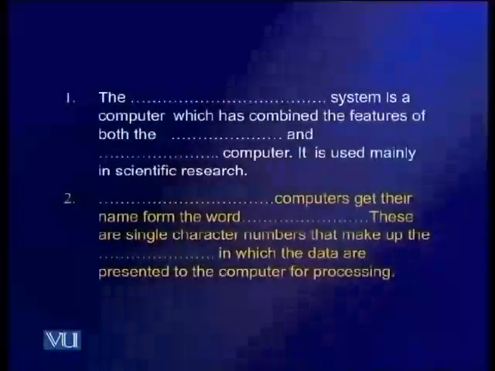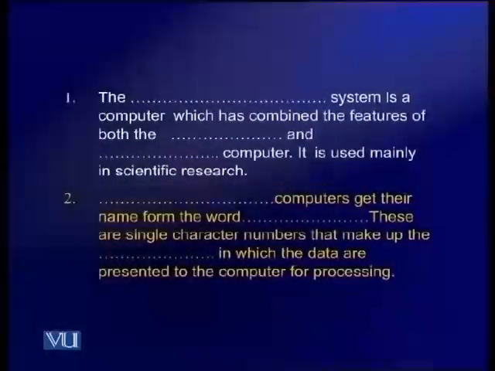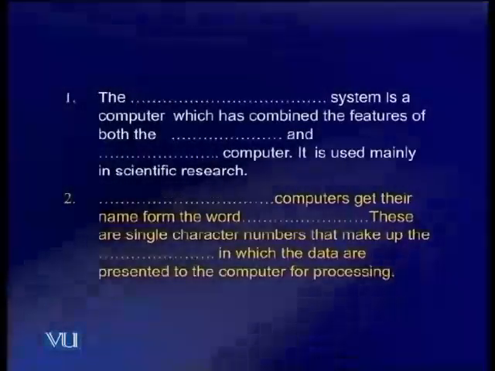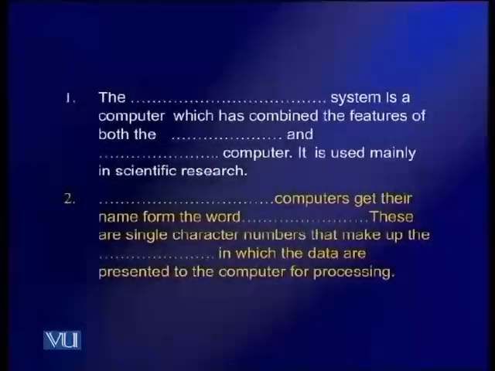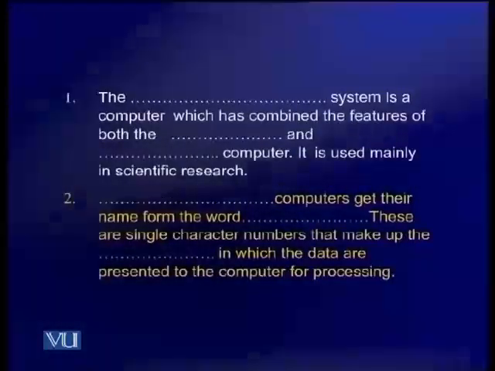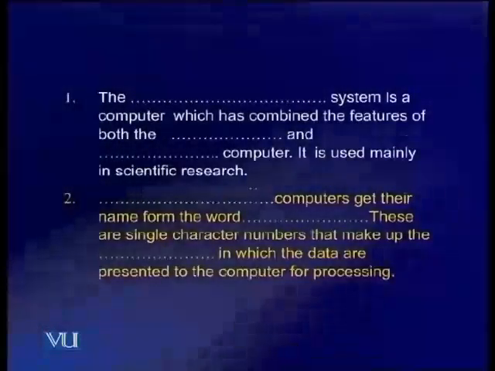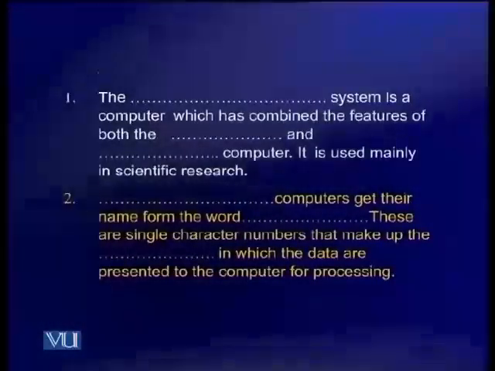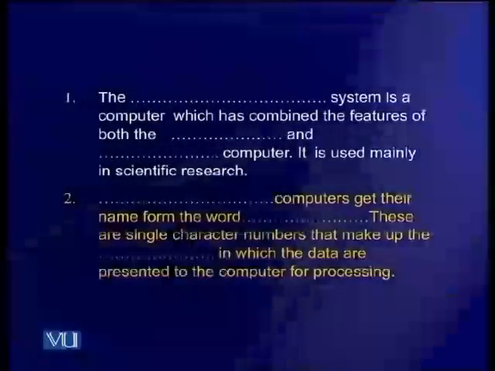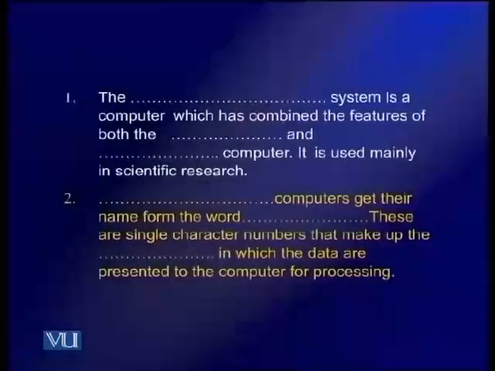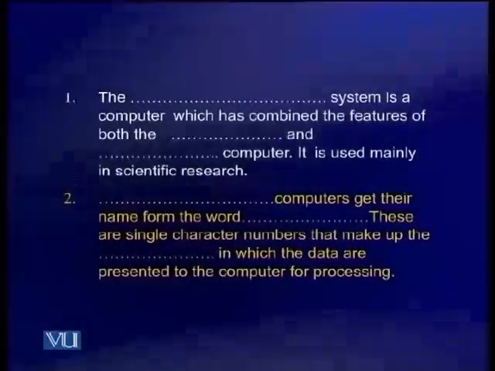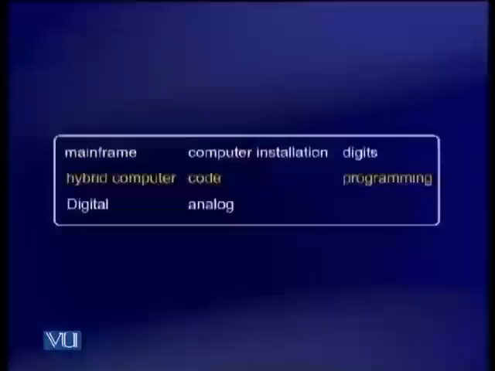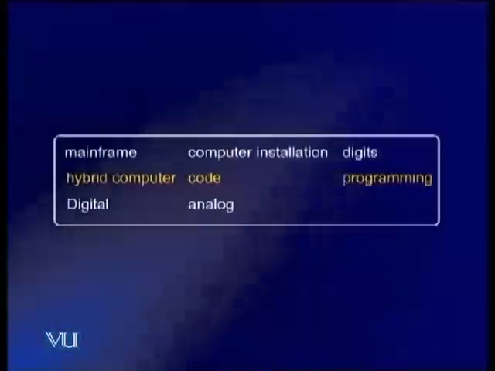Number 2, you have to fill in the space over here. Which computers get their name from the word dash? These are single character numbers that make up the code in which the data are presented to the computer for processing.